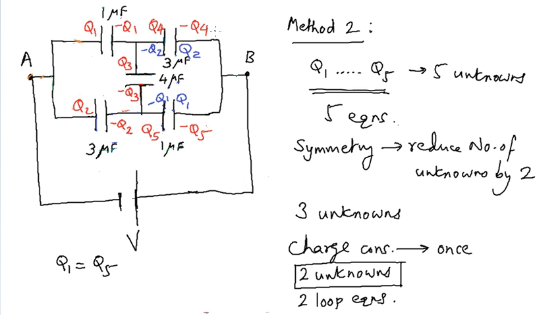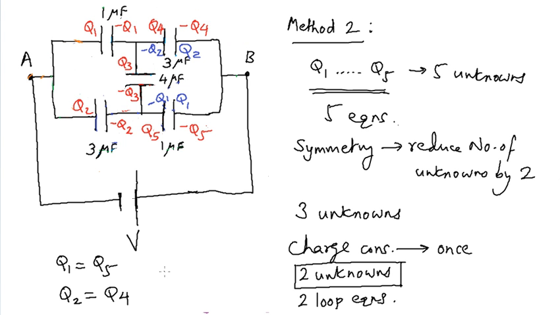Similarly, after the battery is reversed, this charge of minus Q4 which appeared on this plate will obviously become plus Q4. But we have already established that the charge on that plate is going to be Q2. Clearly, Q2 must be equal to Q4, and this becomes our second equation.